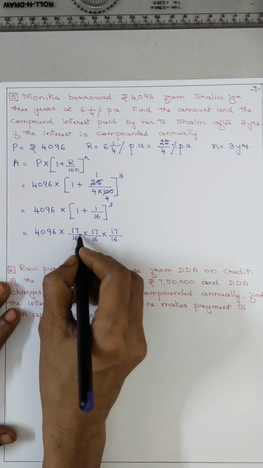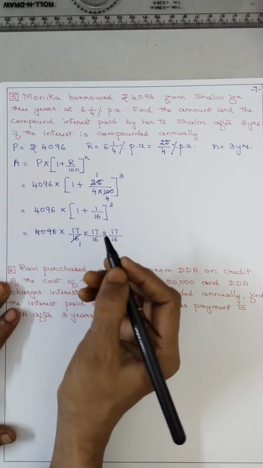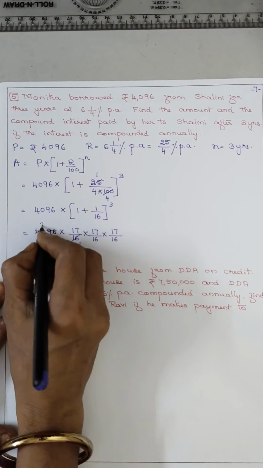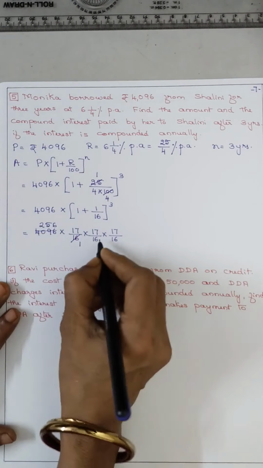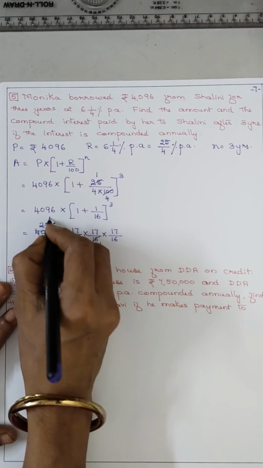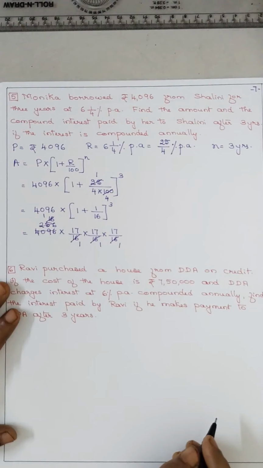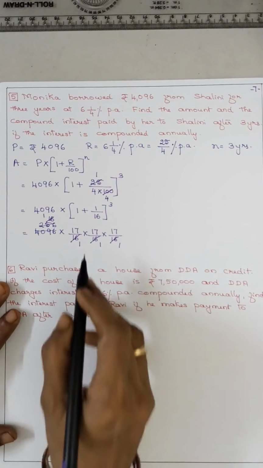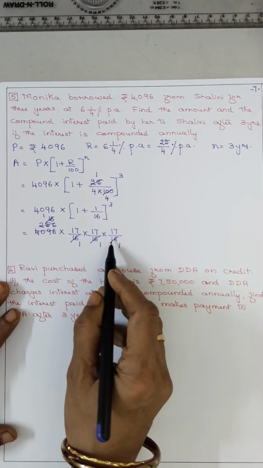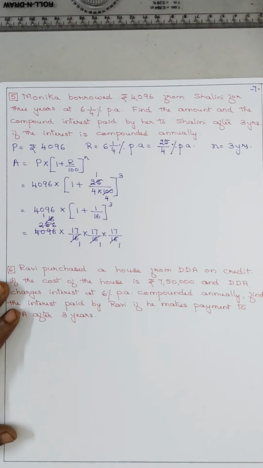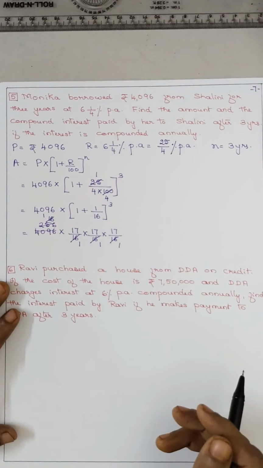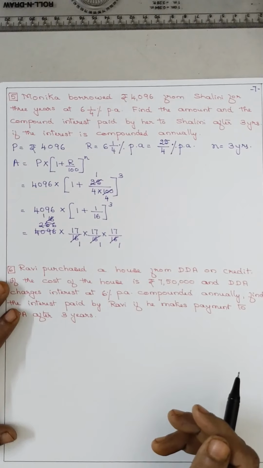So 16 16s are 256. 256 into 16, if you multiply, you will get 4096.